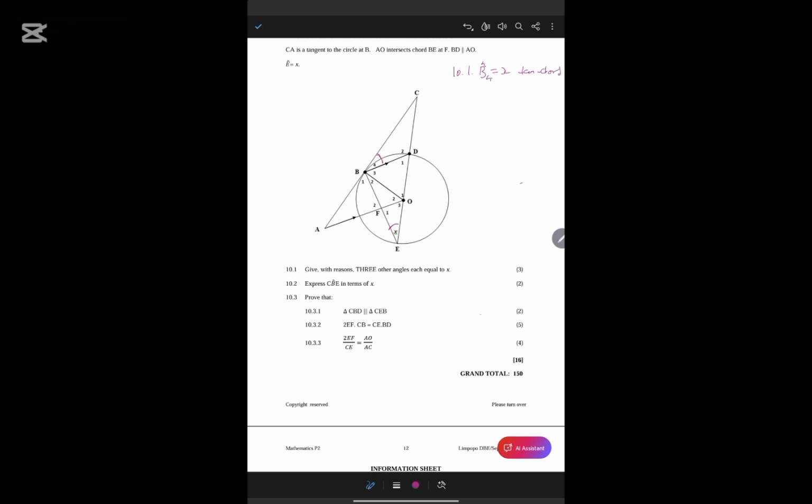What is the other angle? We are also told that the line BD is parallel to AO. Therefore, angle B4 corresponds with angle A. Therefore, the other angle is angle A, which is also equal to x. These are corresponding angles. Why? Because the line BD is parallel to the line AO.